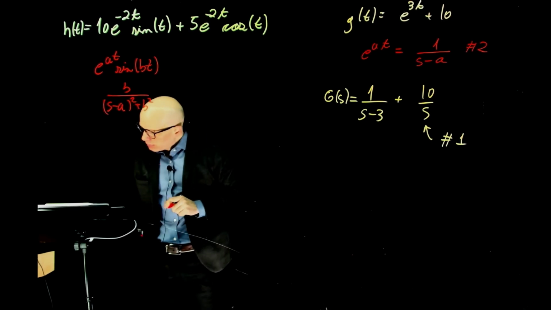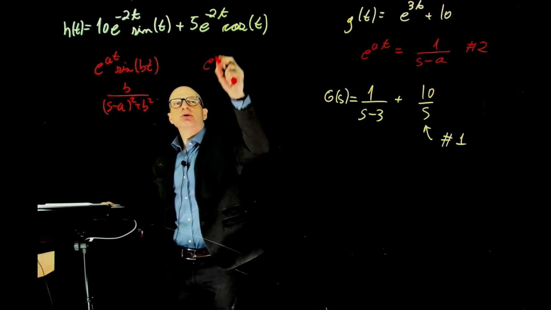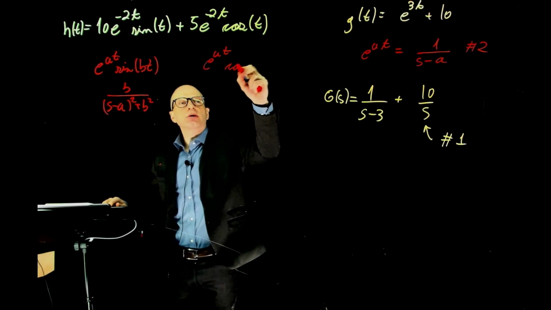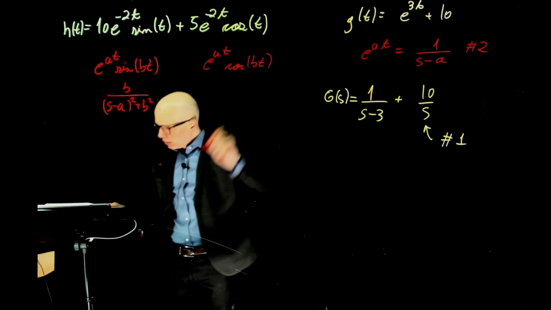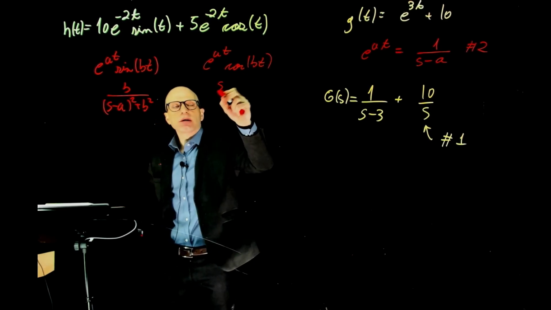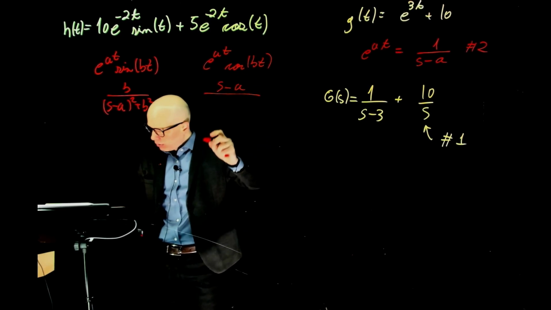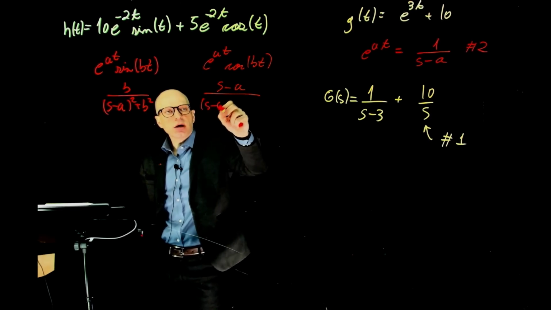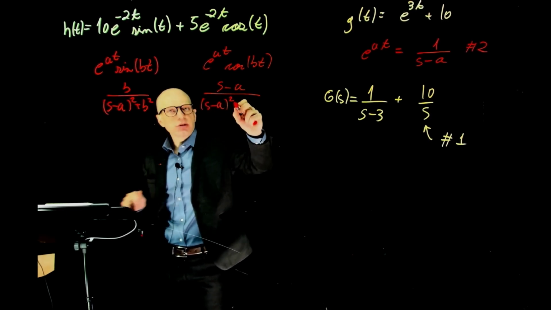And we can take number 20, which says that the exponential of at cosine of bt is s minus a over s minus a squared plus b squared.